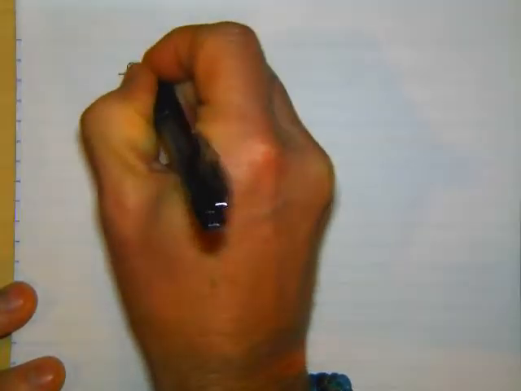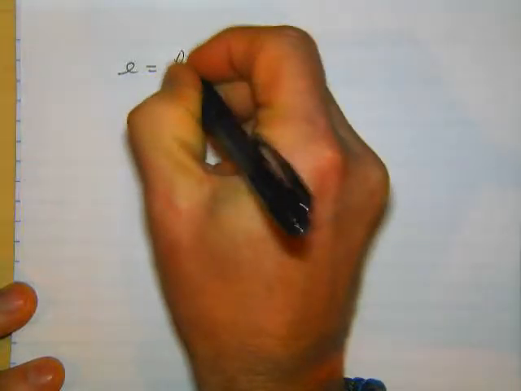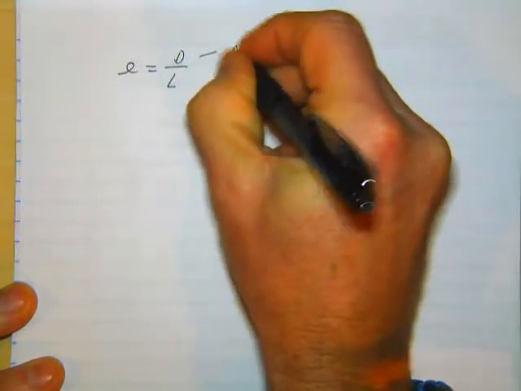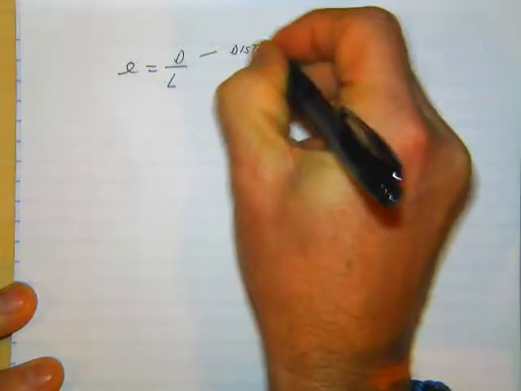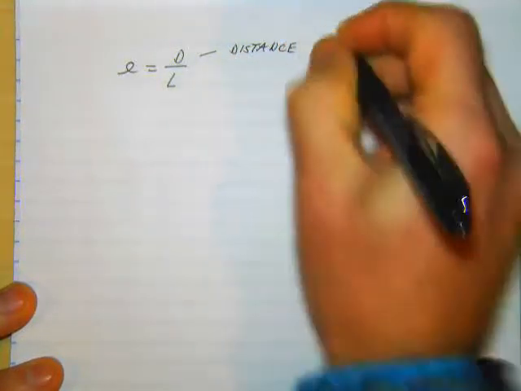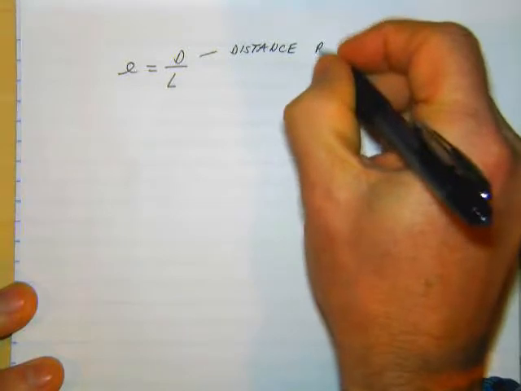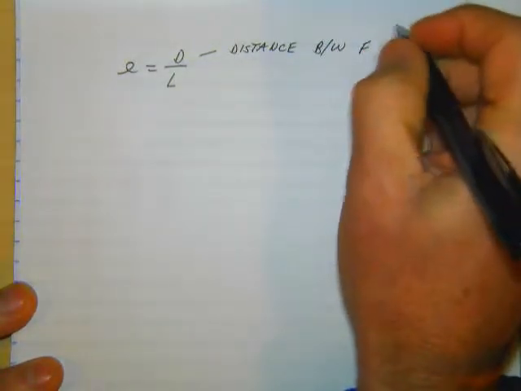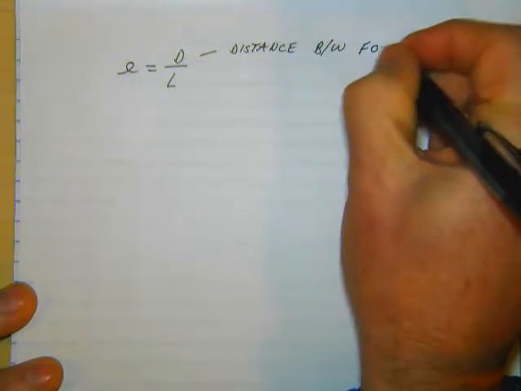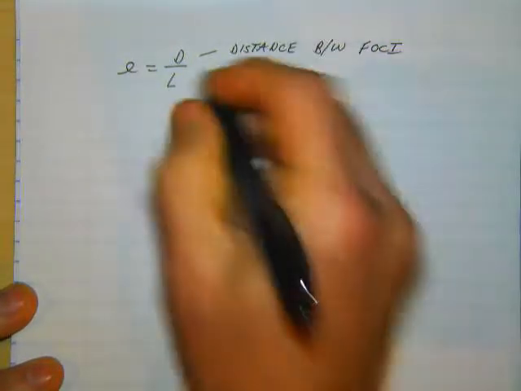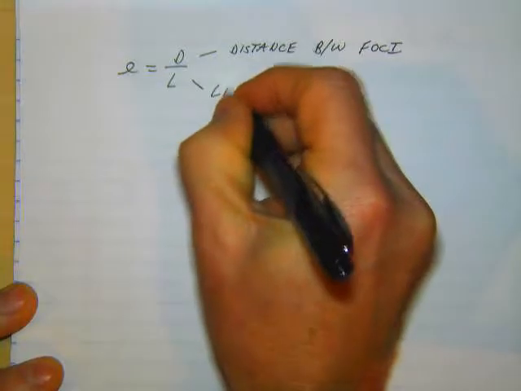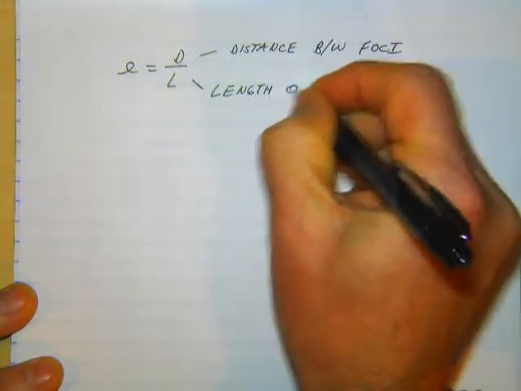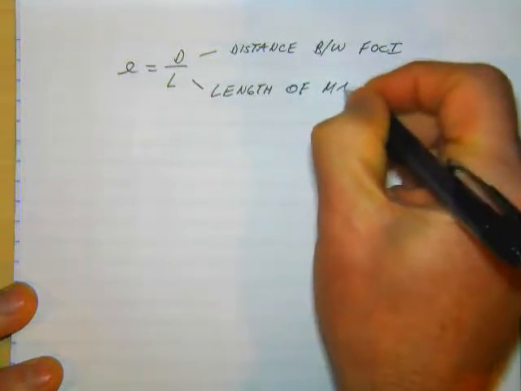Remember, eccentricity is d over L, where d is the distance between the foci, and L is the length of the major axis.